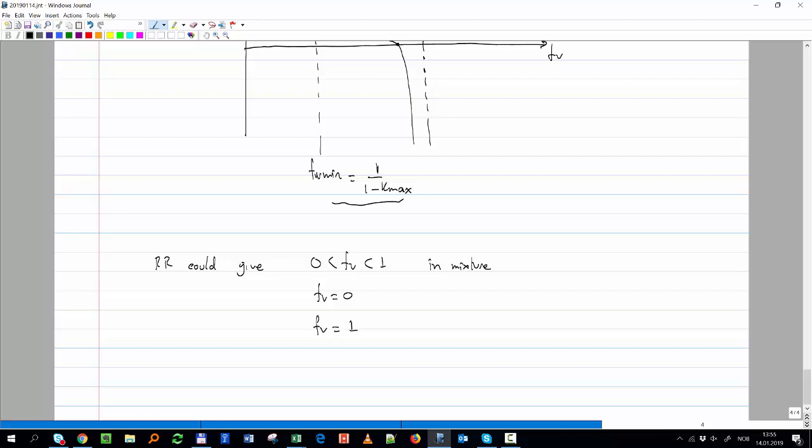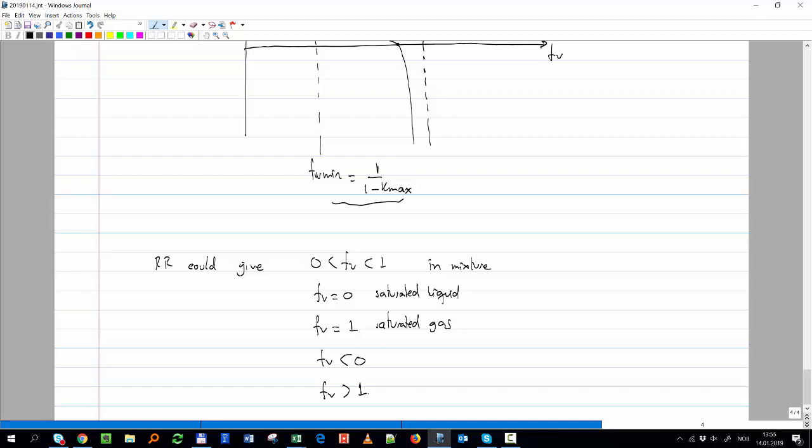I'm at the dew point or I'm at the bubble point line, and that means I have saturated liquid or saturated gas. Or I might have that FB is smaller than 0, or that FB is bigger than 1.